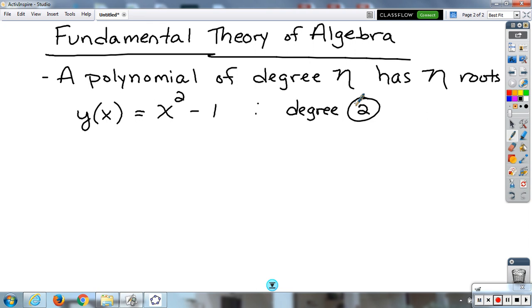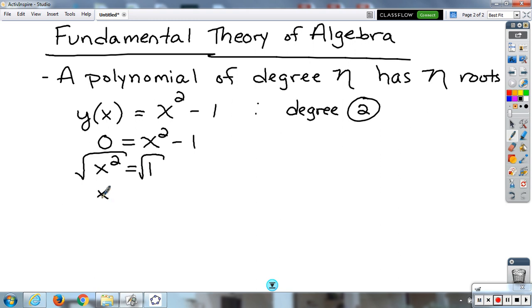Well, what are roots? Roots are the solutions to this equation if you set y equal to 0. Let's try that approach, and then we'll also look at it using a graphical method. So I'm going to set y equal to 0, and then solve for x. I'm going to add 1 to both sides, and then take the square root of both sides.